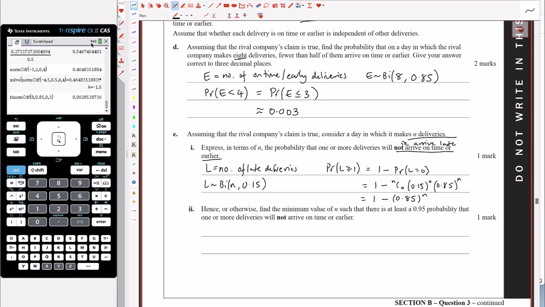Hence, or otherwise, find the minimum value of n such that there is at least a 0.945 probability that one or more deliveries will not arrive on time or earlier. Okay, so remembering not arrive on time means will arrive late. So I want the probability of one or more late deliveries being at least 0.95.